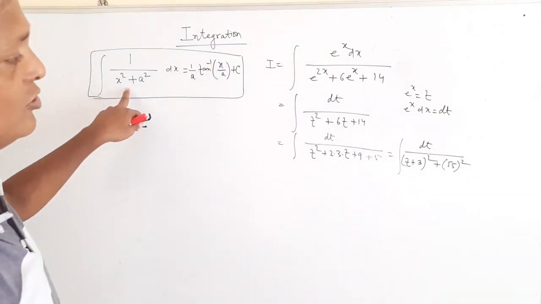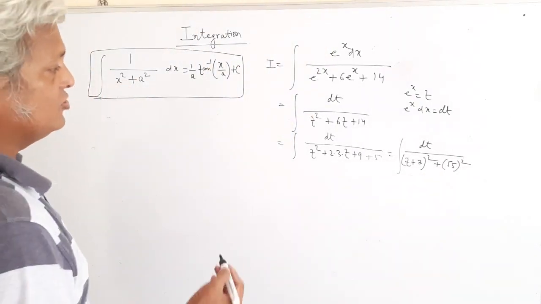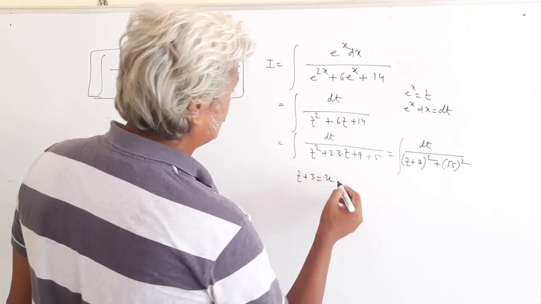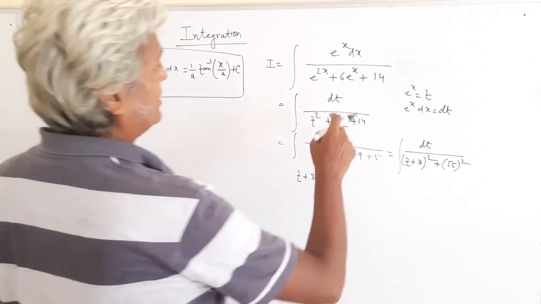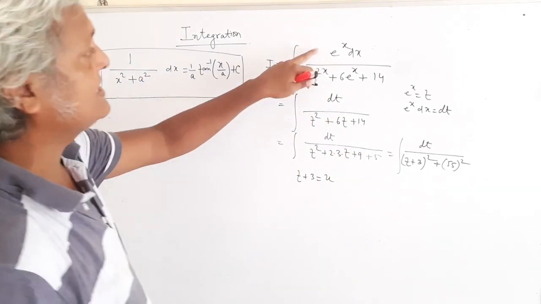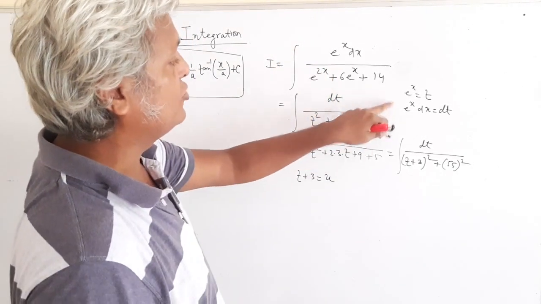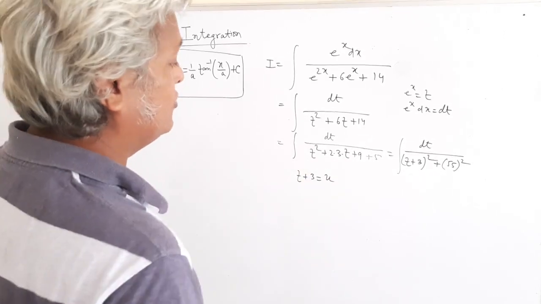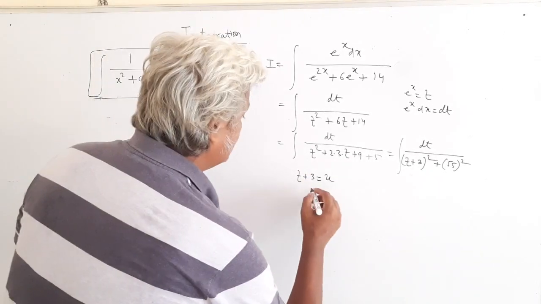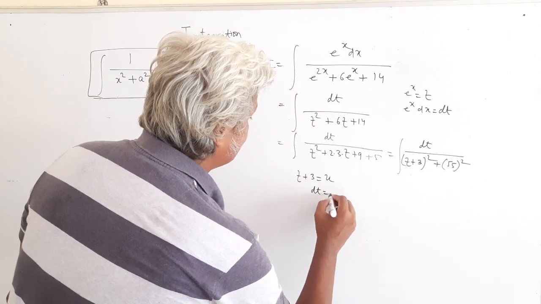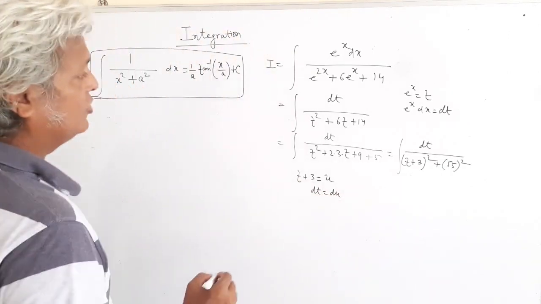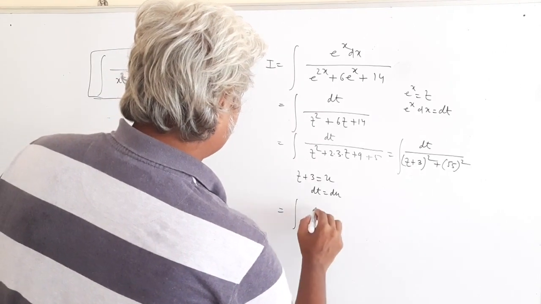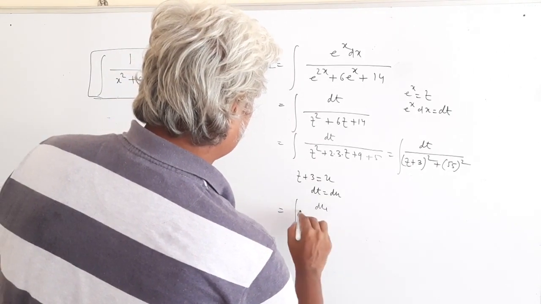Now we are very close to this. If you just assume that t plus 3 is equal to u, so second substitution I am doing. We were given the function of x. Now we substituted as a function of t. Now again from function of t we are going to the function of u. So if t plus 3 is u, it means dt is du. So our form will become du over u square plus root 5 square.